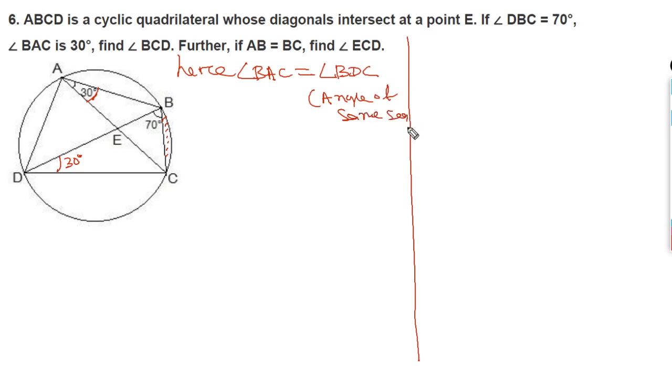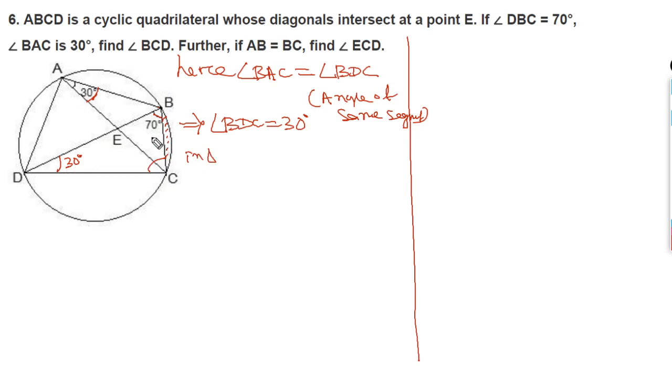That means angle BDC is equal to 30 degrees. Now you come to triangle BDC. We have two angles, one is 70, another is 30, so we can find this angle now.